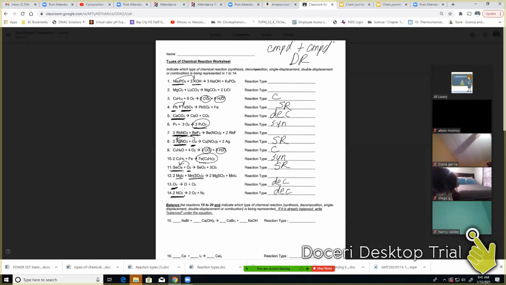The sodium and potassium switch places. So this one would be a double replacement. If we've done it correctly, everything that has a blank should be a double replacement, but I think we need to check ourselves as we go. What about number 2? That one's blank. Do y'all believe that one's double replacement?